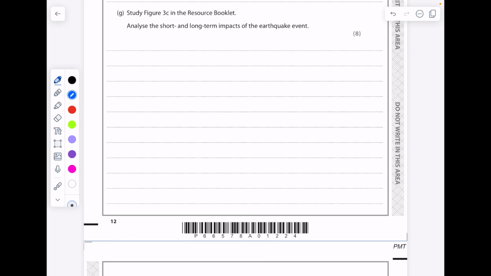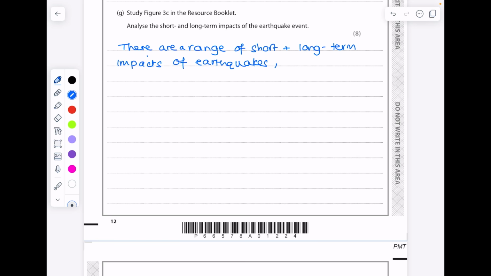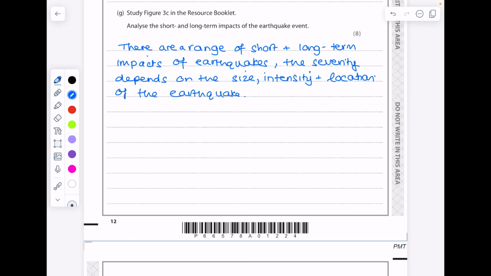So we'll start with a general statement saying that there's a range of short and long term impacts of earthquakes, and these vary due to the size and intensity of the earthquake as well as the location. It's always worth writing this sort of thing to begin with in this type of question. So we'll start with general statements about short-term impacts.